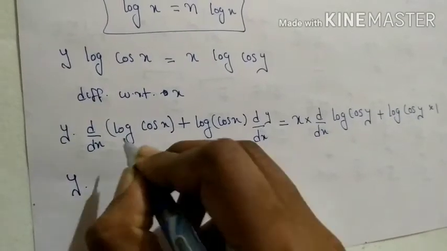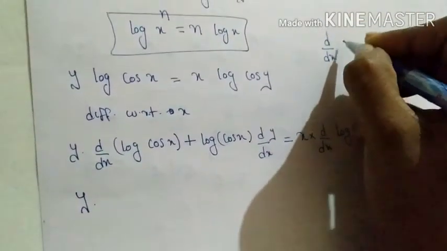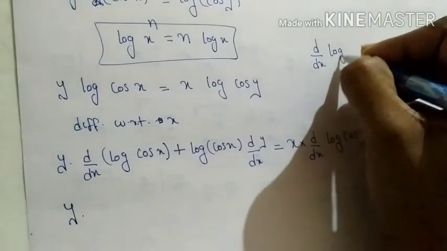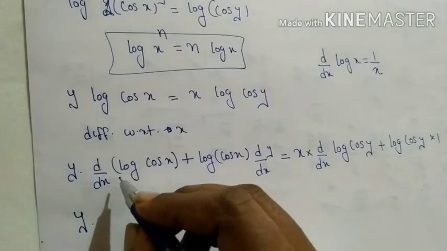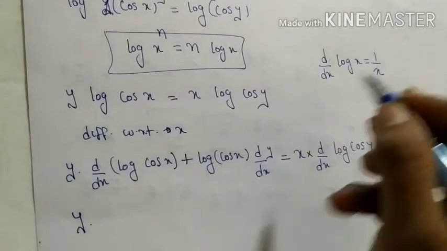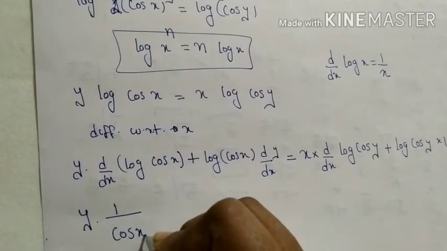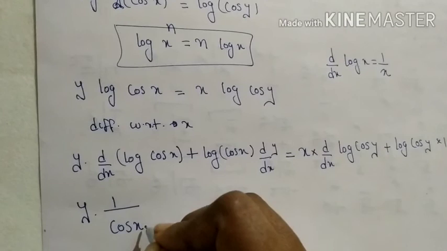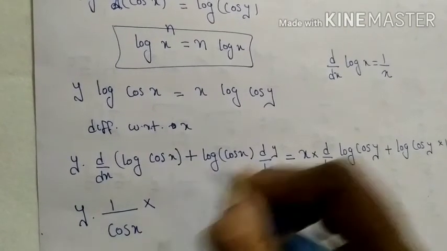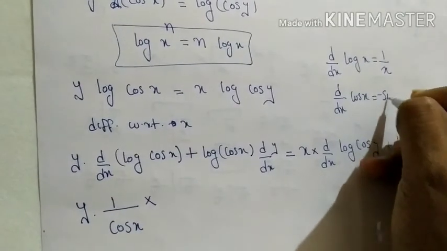Okay, y into derivative of log cos x. We know that the standard derivative of log x is 1 by x. Here we need to find the derivative of log of cos x. Replacing this x, we get 1 divided by cos x. Here cos x is another function. We need to find the derivative of cos x. We know that derivative of cos x is minus sin x.